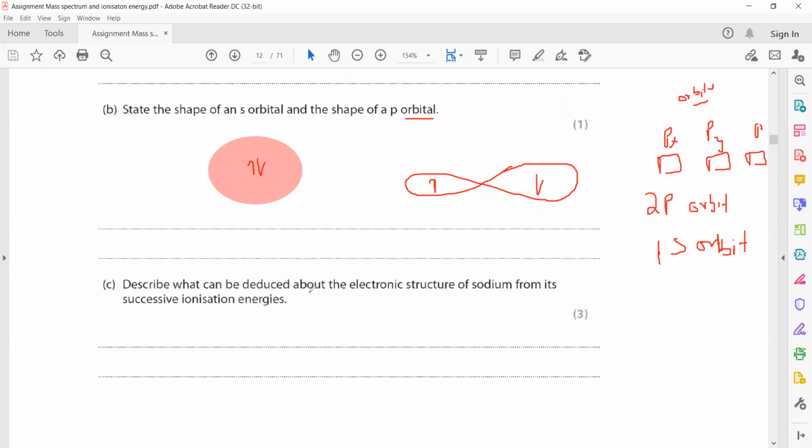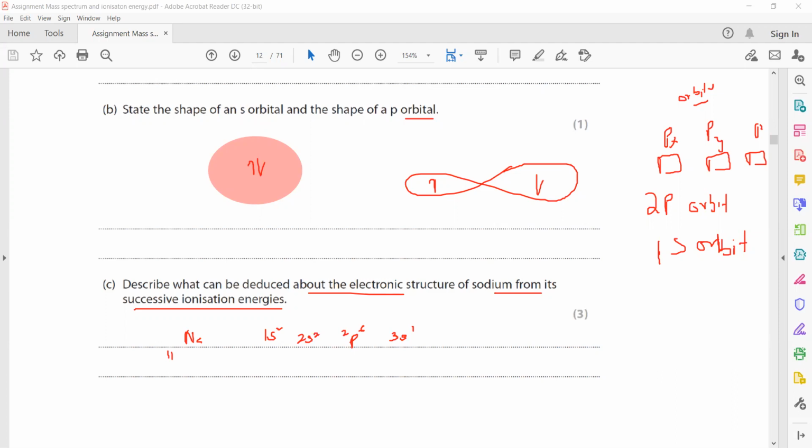Describe what can be deduced about the electronic structure of sodium from its successive ionization energies. For sodium, when we write the electronic configuration, since sodium has 11 electrons, it will be 1s2, 2s2, 2p6, 3s1. So how many quantum shells are there?